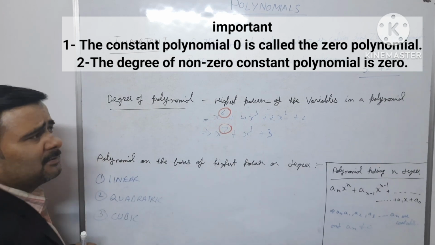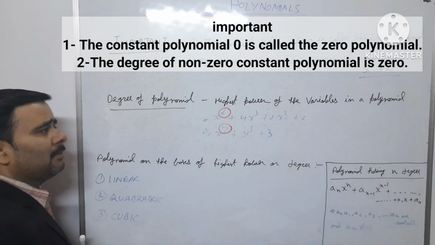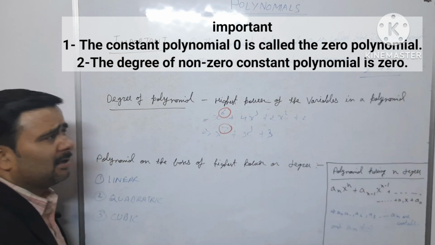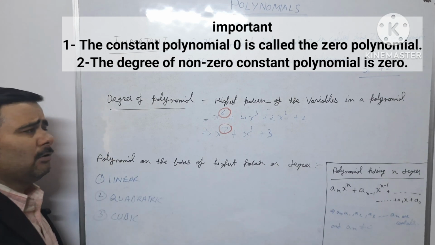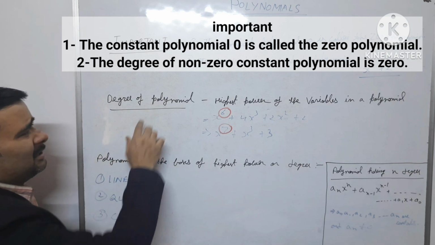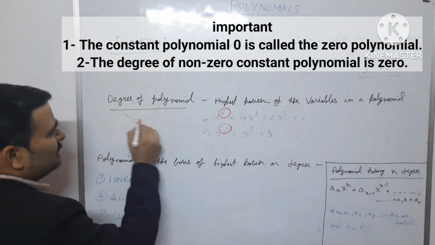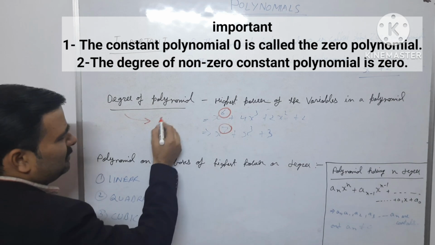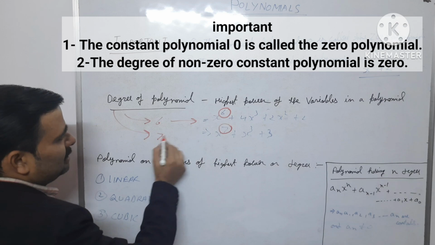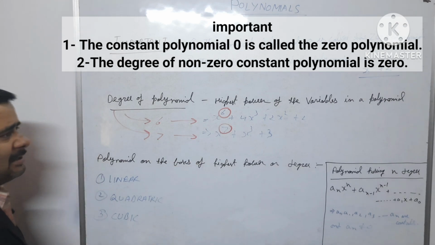So the highest power of the variable in any polynomial is known as the degree of the polynomial. We can say the degree of this polynomial is 6, or the degree of this polynomial is 7. That is the highest power of the variable in a polynomial.